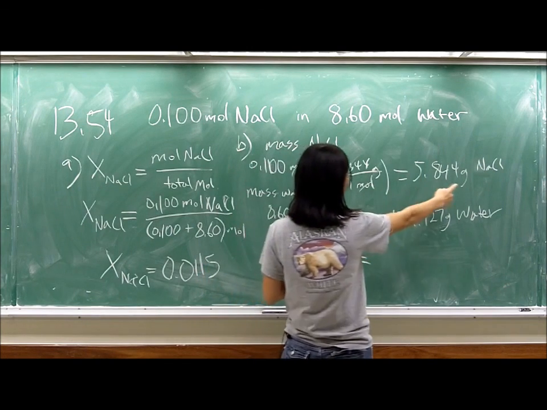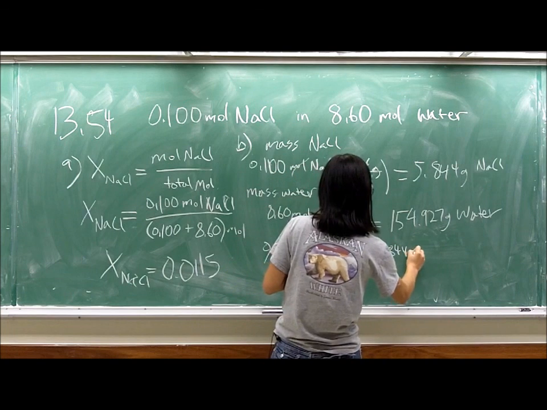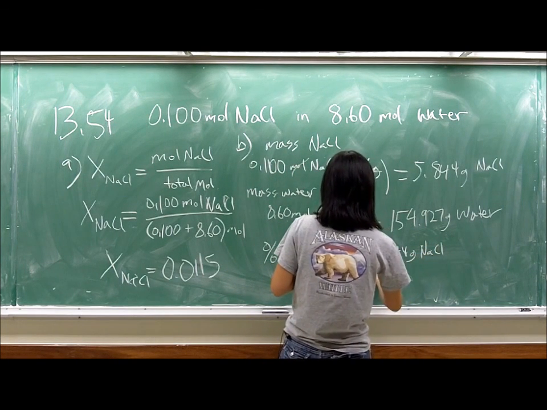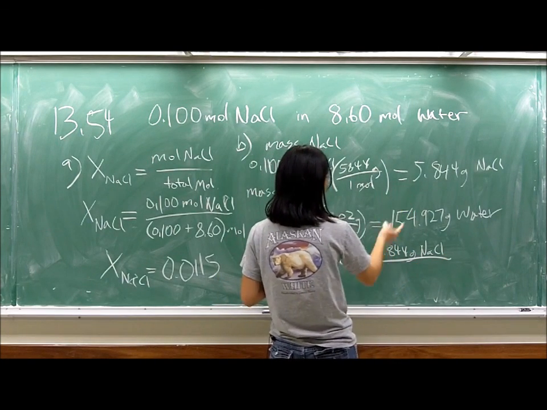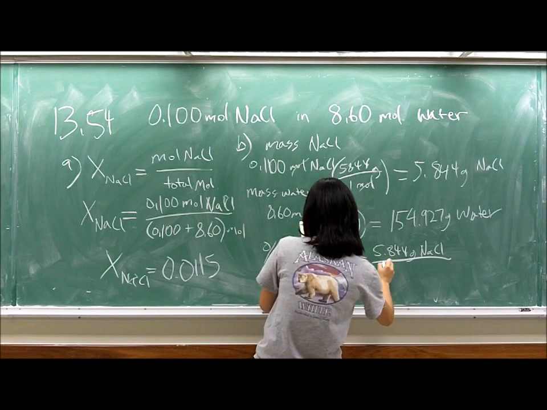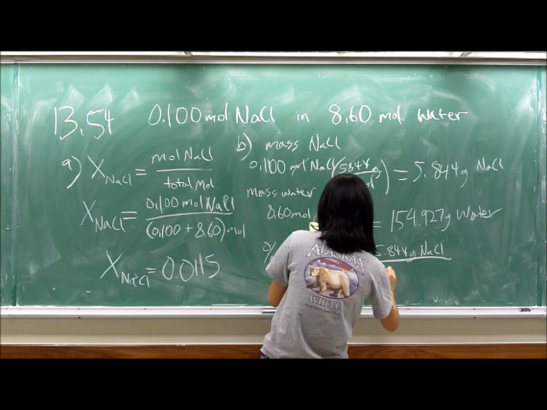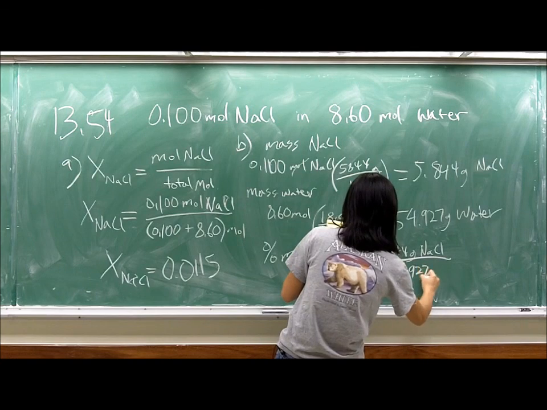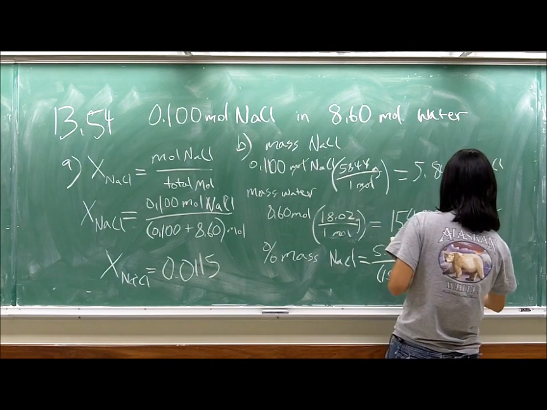So your mass of NaCl is 5.844 grams, and you divide that by the total mass, which is the mass of the NaCl plus the mass of the water. That's 154.927 plus 5.844.